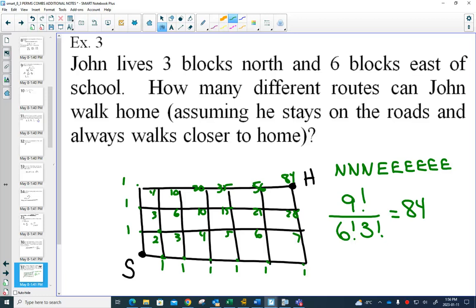Okay? Now, this method, the identical objects method, is perfect if there's no restrictions. But sometimes we can get this same question where the counting method will be better. For example, here we go. Okay.